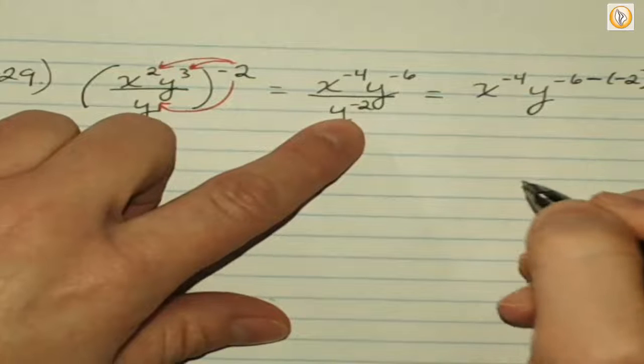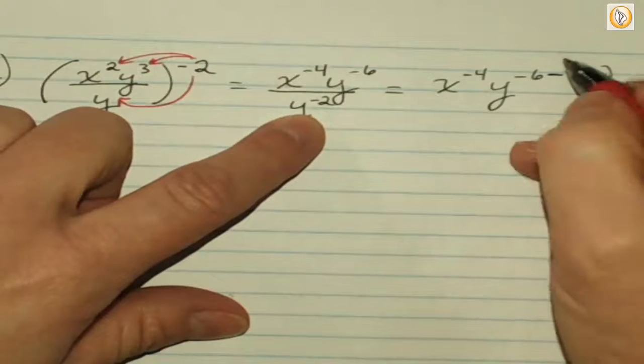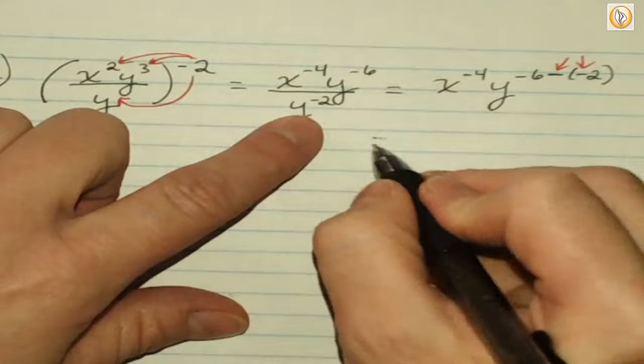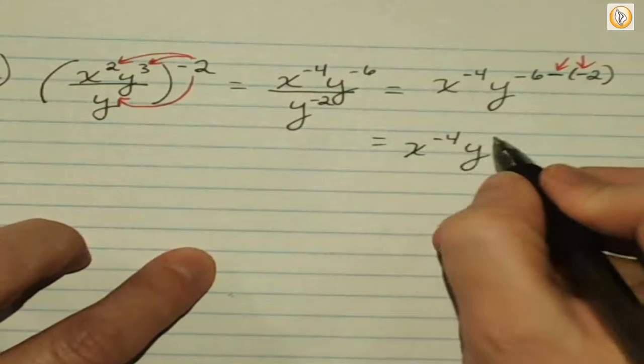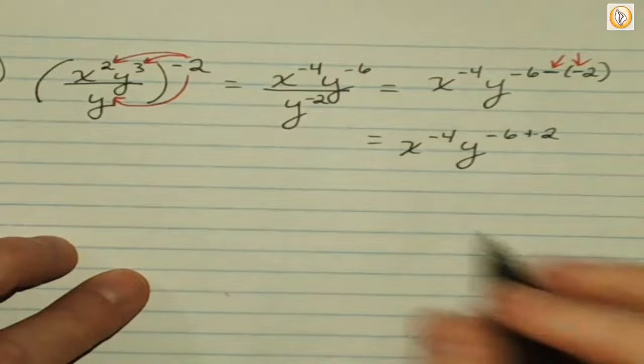He's correct. We're going to subtract the exponents with y first. This is a negative and a negative, so then we're adding. So that would be x to the negative 4 times y to the negative 6 plus 2. Okay, so what do I get?